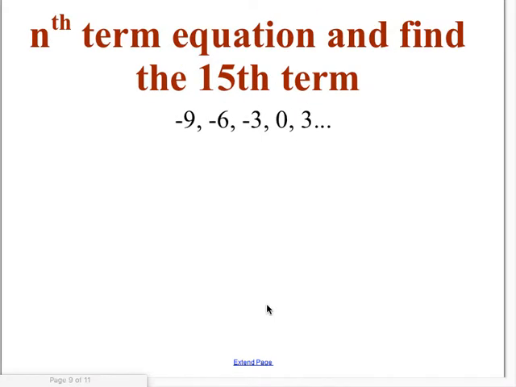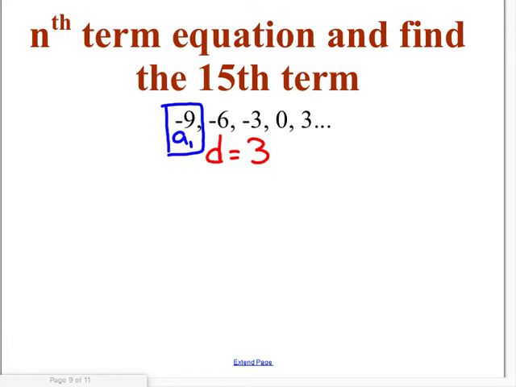Putting that into practice, we want to write the equation and then find the 15th term. So we've already said a couple times that our difference is 3. Our first term, our A1 value, is this negative 9. It's the first number that they give us. So first it wants us to write the nth term equation.